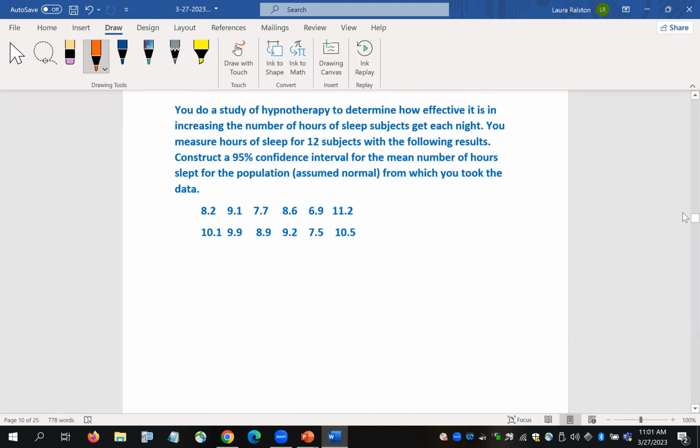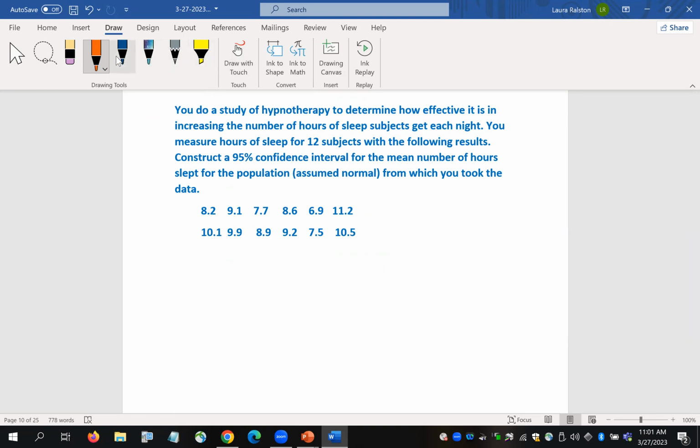You measure hours of sleep for 12 subjects with the following results. Construct a 95% confidence interval for the mean number of hours slept for the population, which is assumed normal, from which you took the data.